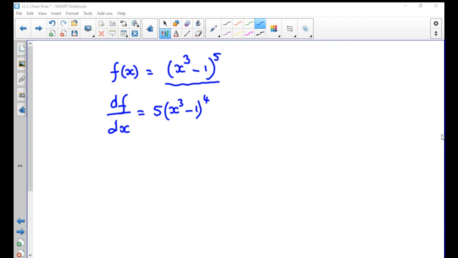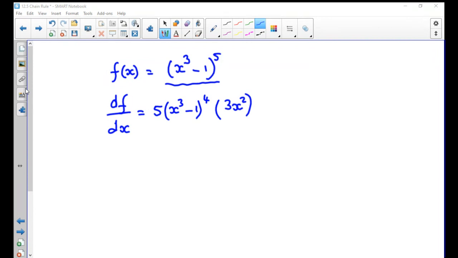Is that the end, or is there something else? Yes, there is an inside. So we need to differentiate the inside of the function, which is going to be 3x squared. So what you are doing here is an example of the chain rule, basically.